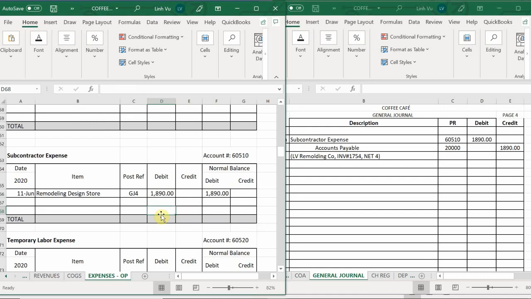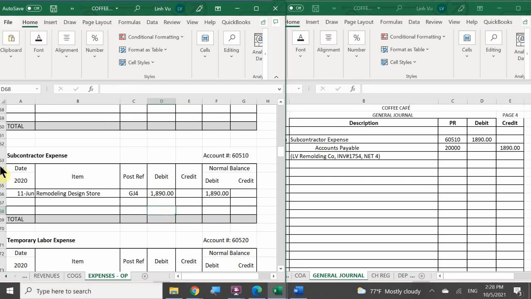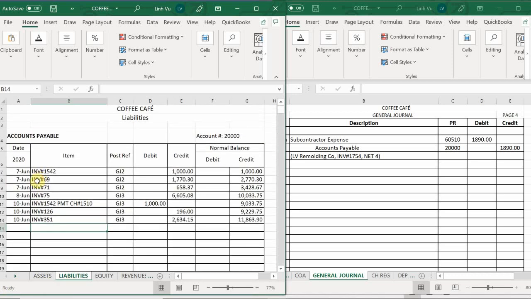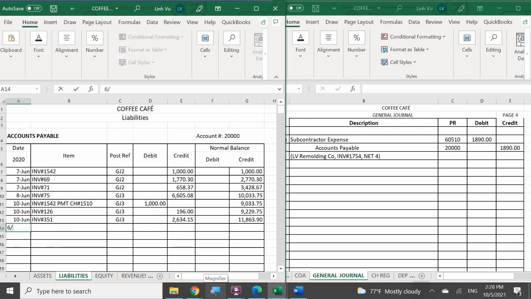So we're going to accounts payable. Okay, here they are, accounts payable. You said invoice number 1754.